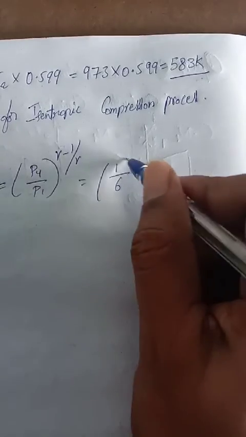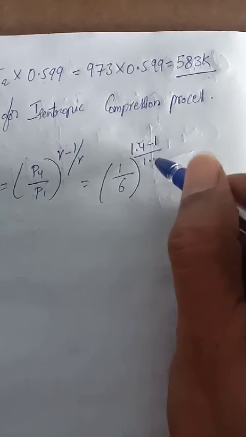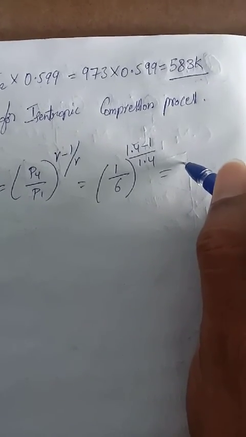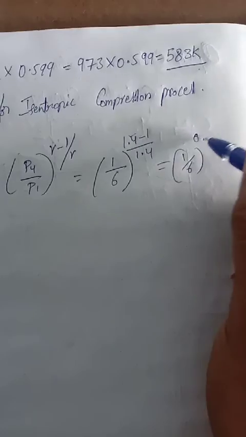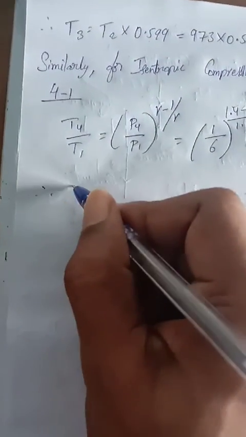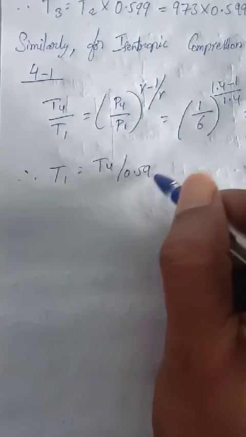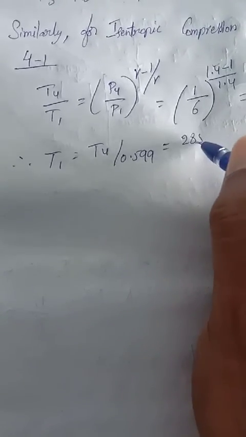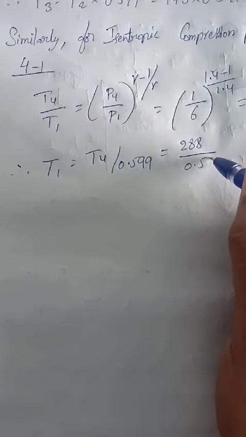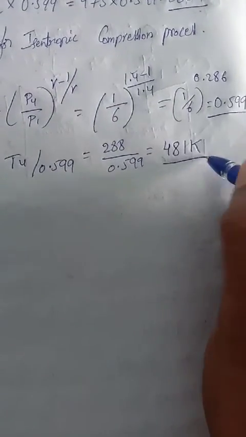P4 is 1, P1 is 6, 1.4 minus 1 by 1.4, that is 1 by 6 to the power 0.286, so this value comes to 0.599. Therefore T1 is equal to T4 divided by 0.599, that is 288 divided by 0.599, so this is 481 kelvins.